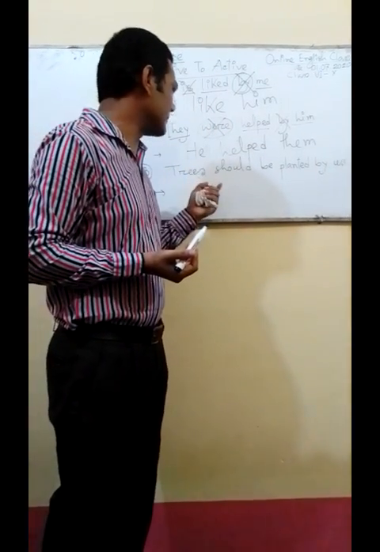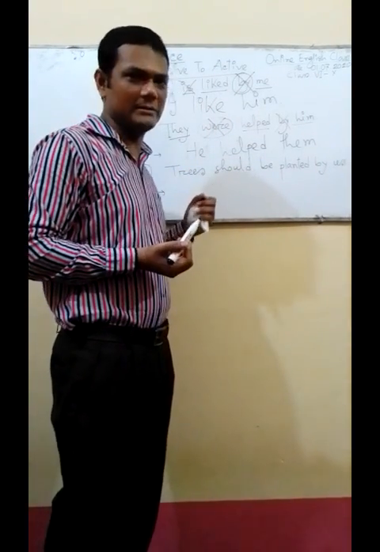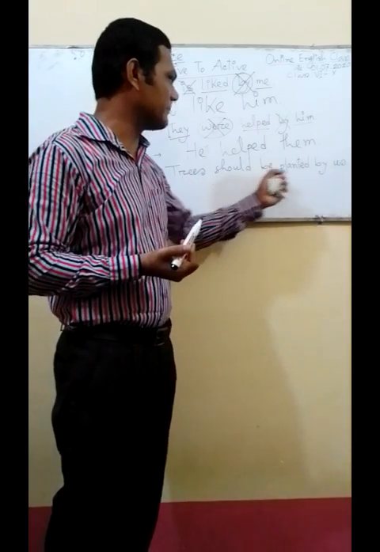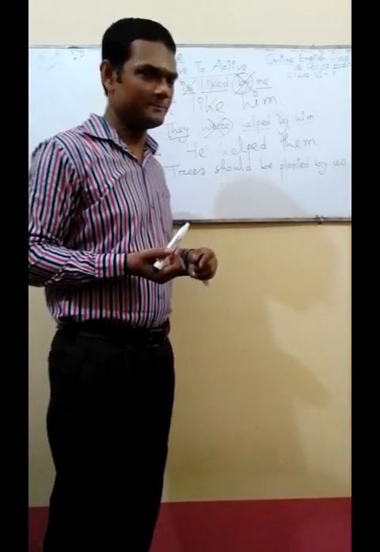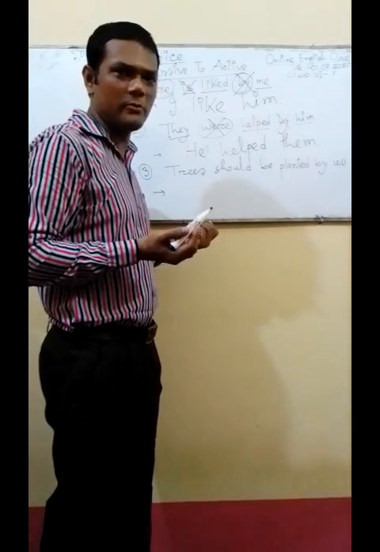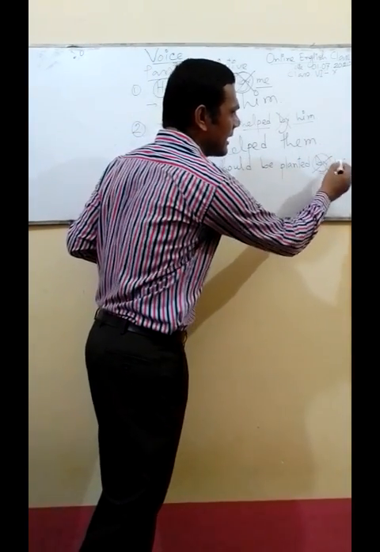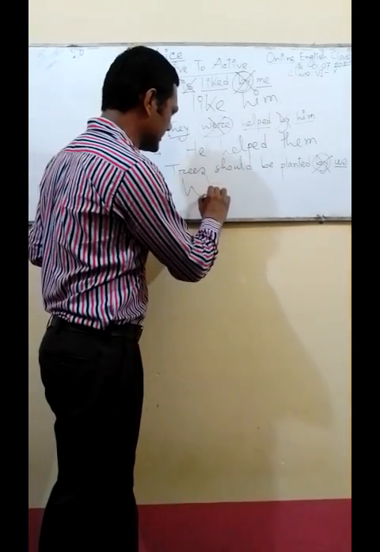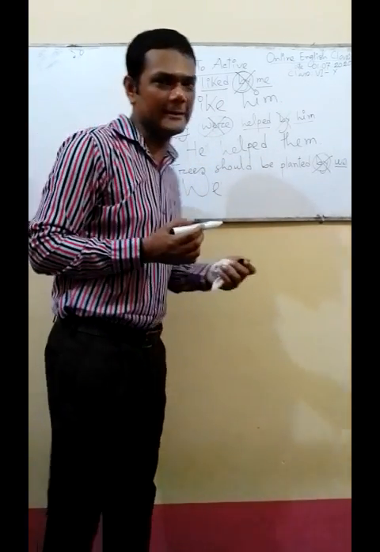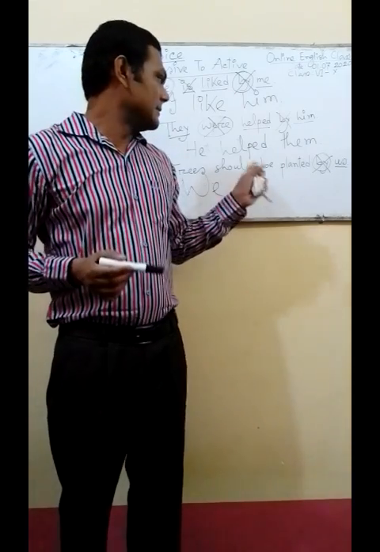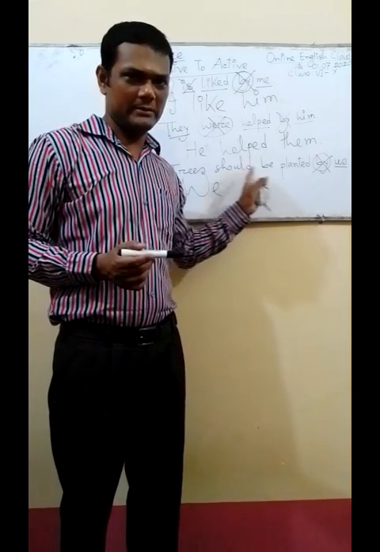Okay. And last, number 3. Here, trees should be planted by us. And in the same way you have to find out by, and you have to cut it, and then us you have to write we. Then here there are two auxiliary verbs.